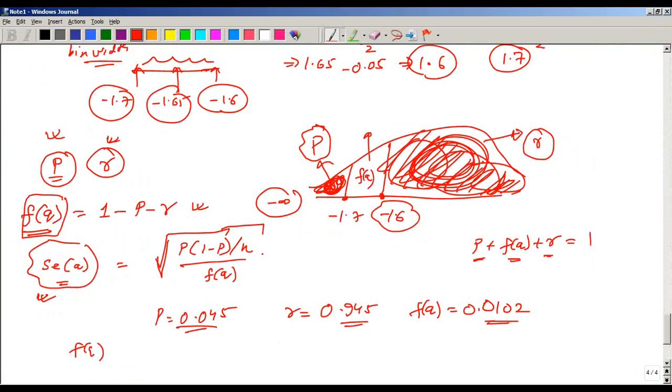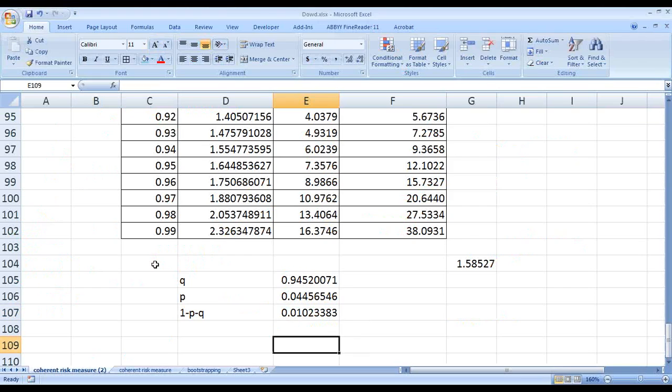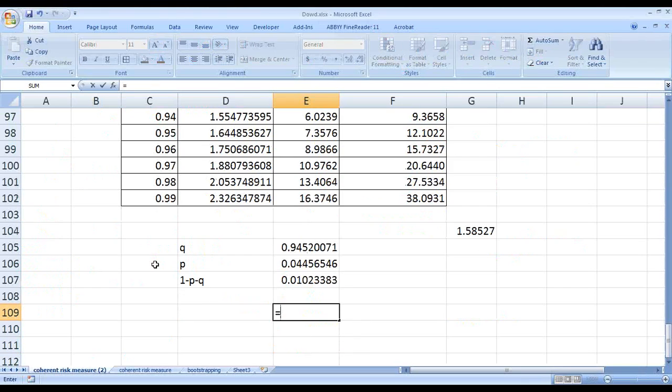And H is your bin width. So you will compute this standard error. How will you compute it? It will be equal to the square root of P into 1 minus P divided by the bin width, which we have taken as 0.1, and this divided by your FQ.